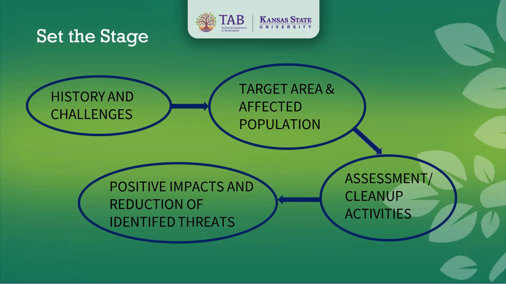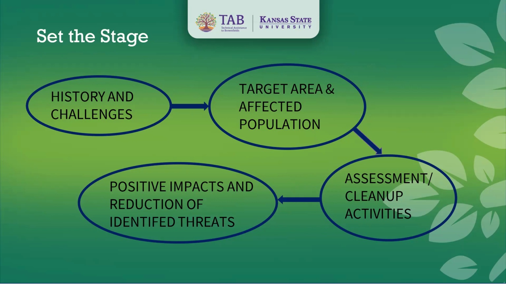And then you're going to go to positive impacts and reduction of identified threats. So you want to be concentrating on whatever you're going to be doing that leads to these assessments or cleanups, so that they lead to positive impacts. In the case of cleanup grants, you're going to want to know that you have an identified end use.